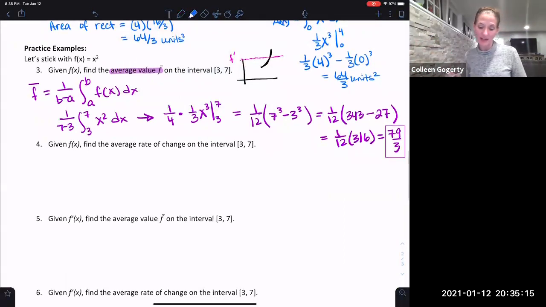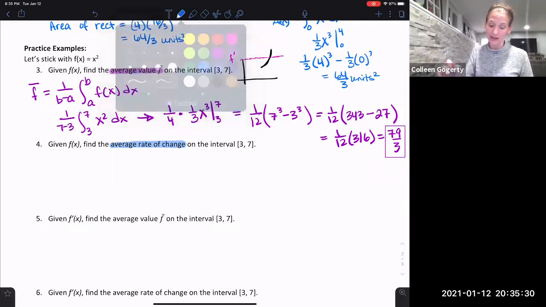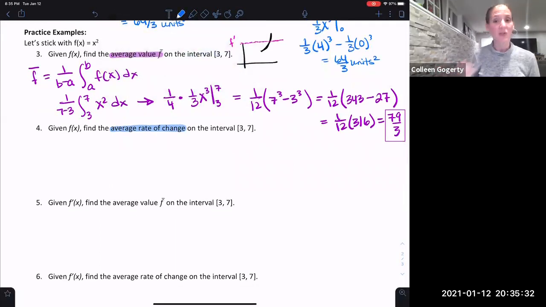Okay. So moving on, let's look at the next one. Given f of x, find the average rate of change on the interval 3 to 7. I really hope you're cluing into this and you see average rate of change and you realize it really is that easy. No calculus required here. We're going back to Algebra 1 and having a little flashback. You need to pay attention to average value versus the words average rate of change.